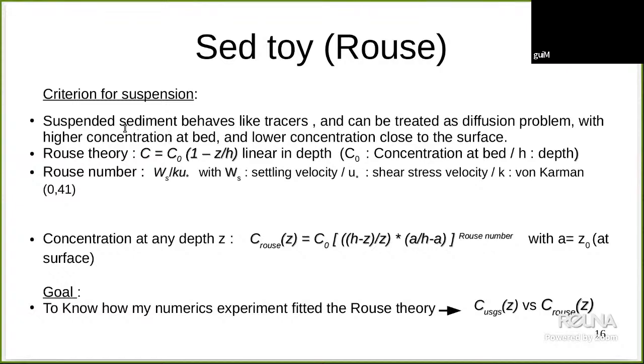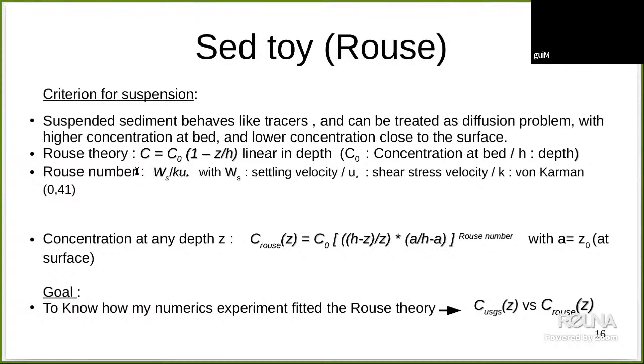Quickly, I only said that when you have suspended sediment, it behaves like a tracer. We can treat it like a diffusion problem with higher concentration at the bed and lower close to the surface. So we have a Rouse theory here. So it's linear in depth with the initial concentration and the depth. It's the total height of the column of water.